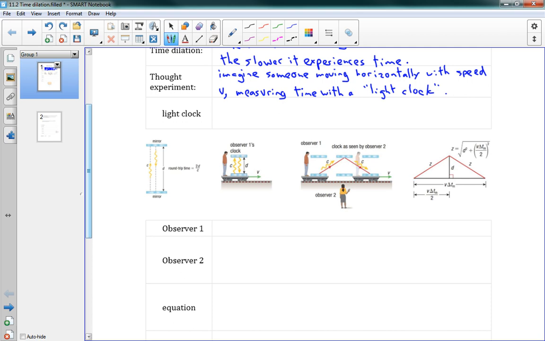And the way it works is light bounces up and down between two mirrors, taking time delta t equals 2d over c for one cycle.